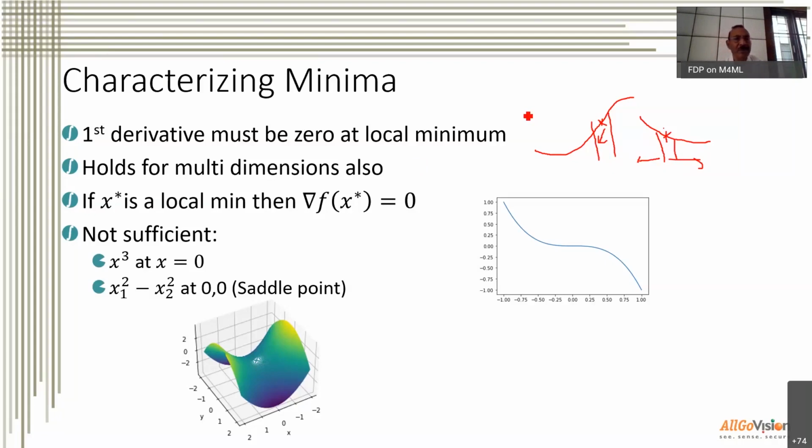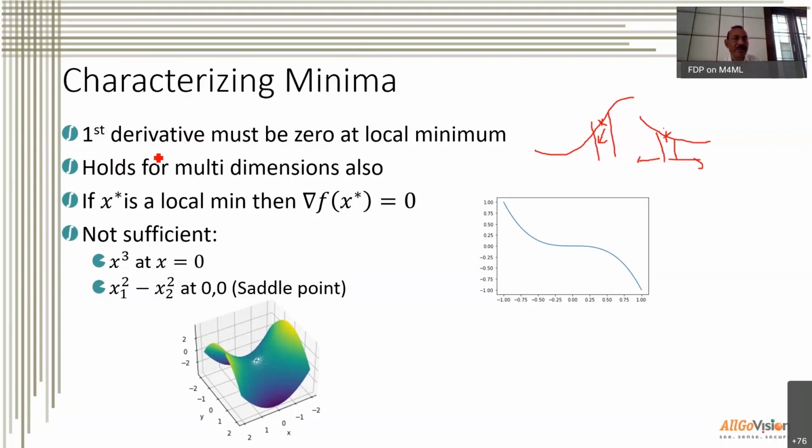This is about one dimension. Even in higher dimensions, the same thing holds, and we'll see that once more when we look at the methods to do optimization in multi-dimension.